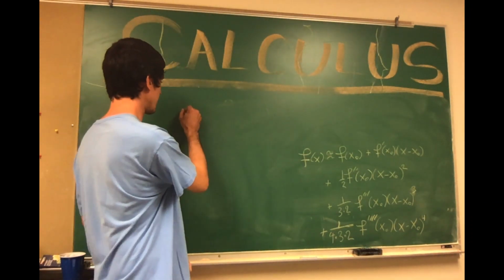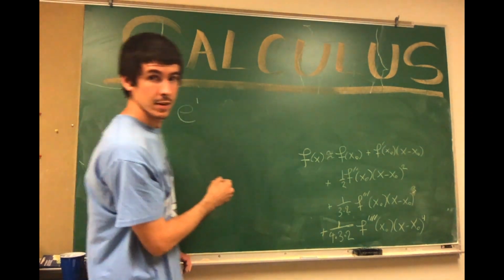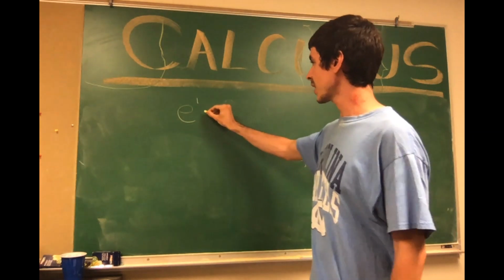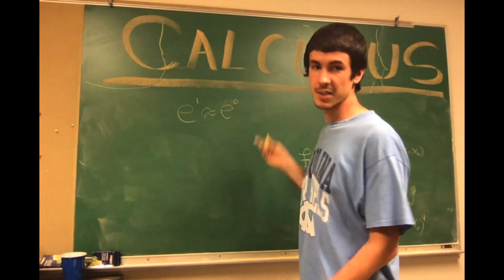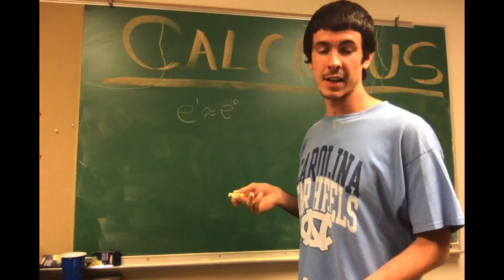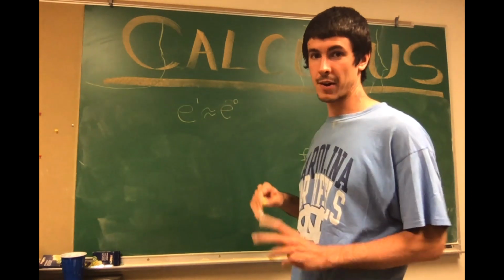So e is e to the 1. So for e to the 1, the linear approximation is about 0, because 0 is a known value, right? We know that e to the 0 is 1. It's explicitly computable without a calculator or anything.